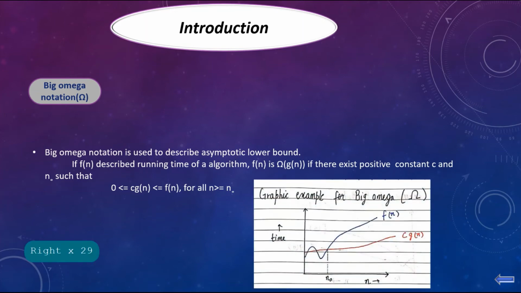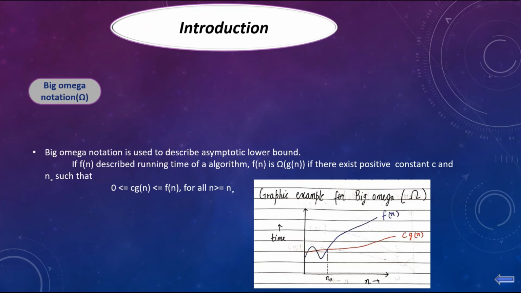By seeing the graph of the big omega notation, we can define it as follows. In the equation of big omega notation, c g of x goes below the running time of the algorithm.